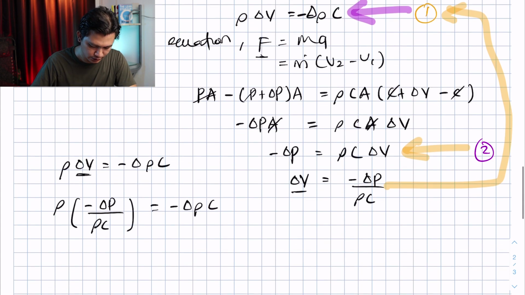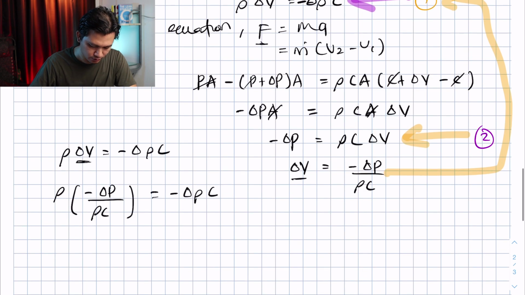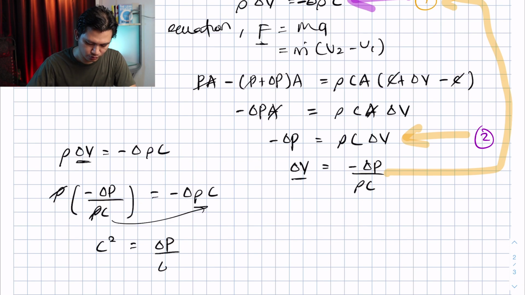Okay, quite straightforward. So rho divided by rho, you can cancel that out. And then C going up, going to be C square equal to, and minus sign over minus becomes positive. So this is delta P over delta rho.